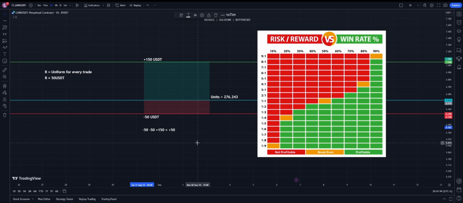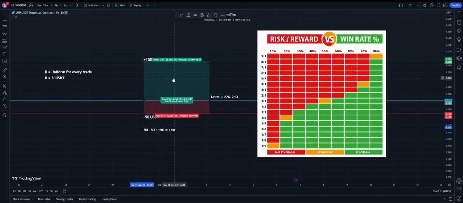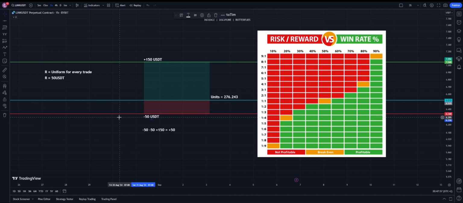So that's really the strength of having a good risk to reward ratio and good risk management, where you keep your risk uniform for every single trade. And you will see that even with a lower win rate, you will still be more profitable than if you let your trades run against you, in the hope they will reverse somewhere in the future, and not liquidate your whole account.